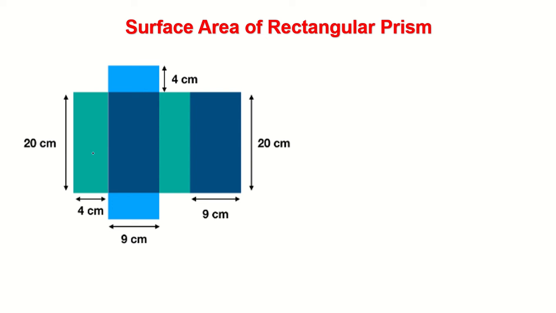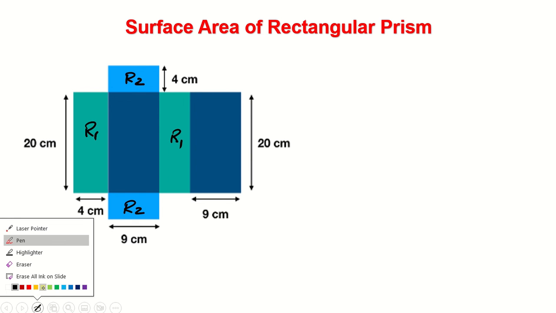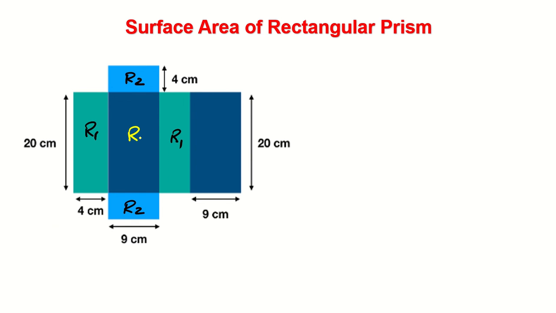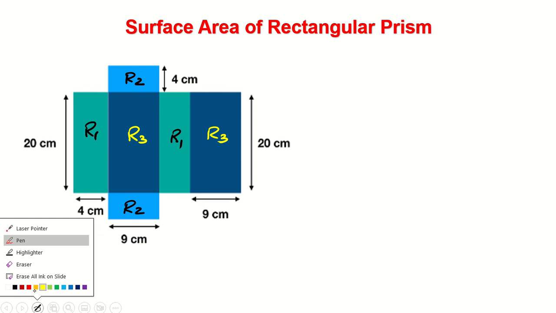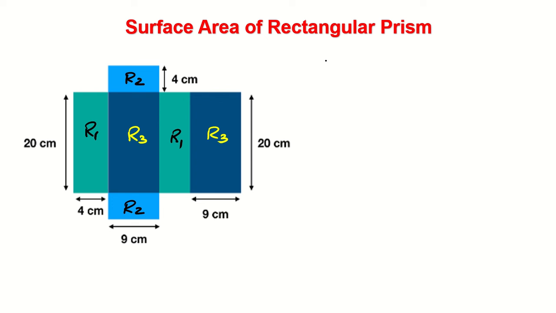This is rectangle 1, and this is also rectangle 1, just 2 times. This is rectangle 2, and this is also rectangle 2. Every surface will be 2 times here. You need to just find the area and then multiply by 2. So find the area of each rectangle and multiply by 2.